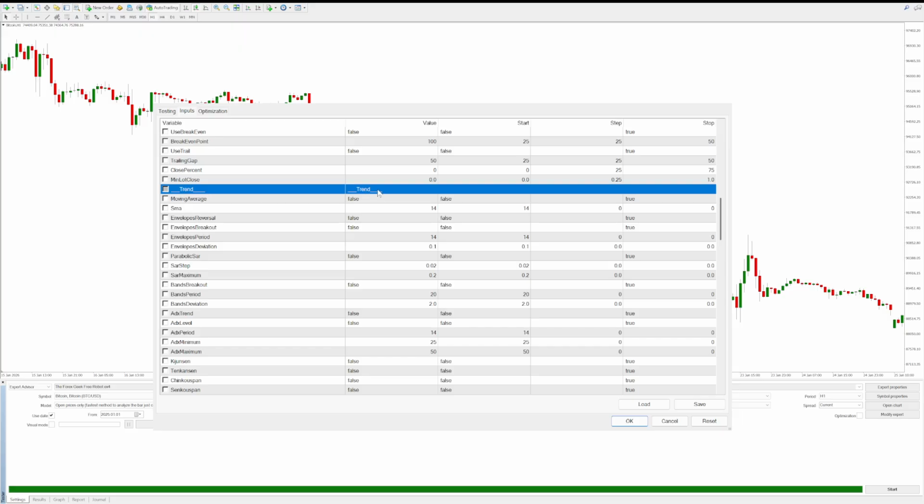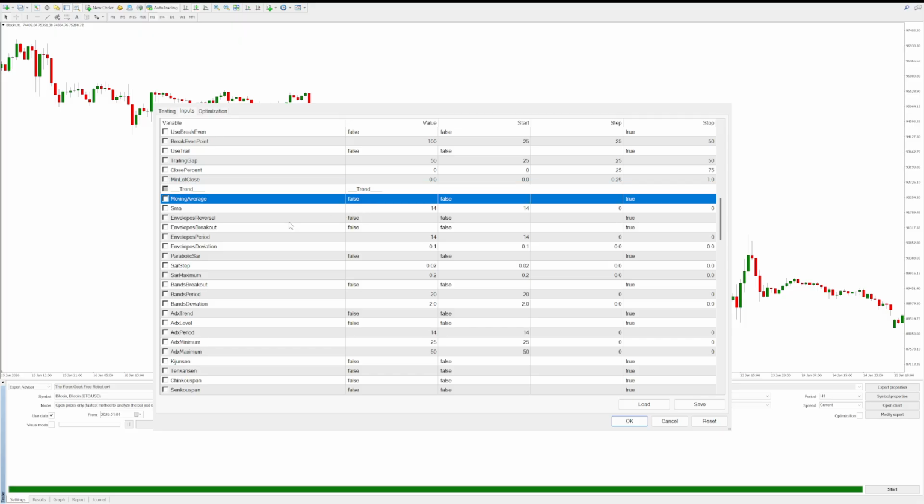So this EA, Crypto EA, has nearly all of the MT4 and MT5 technical indicators you can think of included.